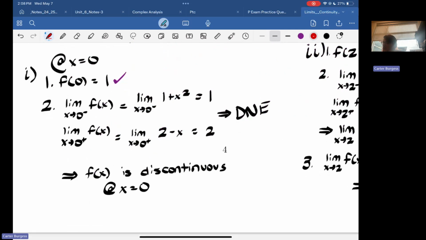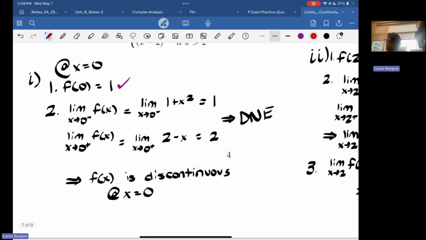For instance, this discontinuity at 0 would be a jump discontinuity. From one side, we are approaching 1. From the other side, we are approaching 2. That means there's a big gap between the two right when we get to 0. We jump from one to the other.